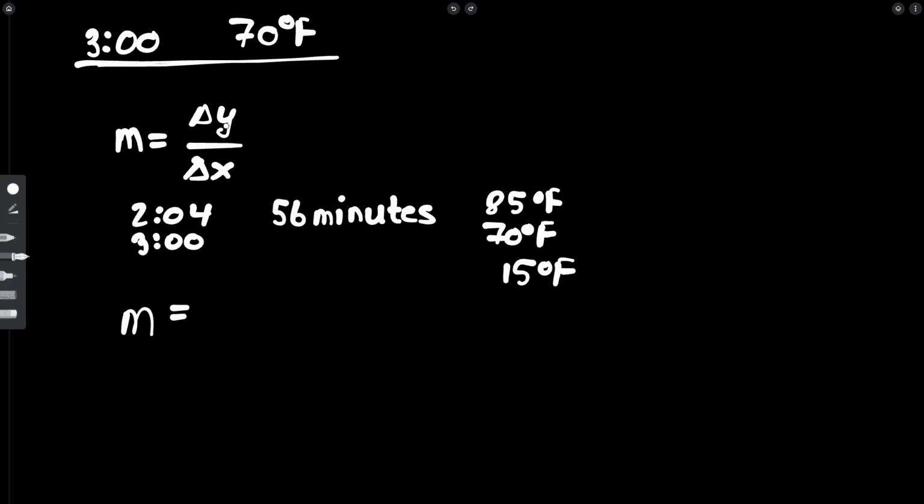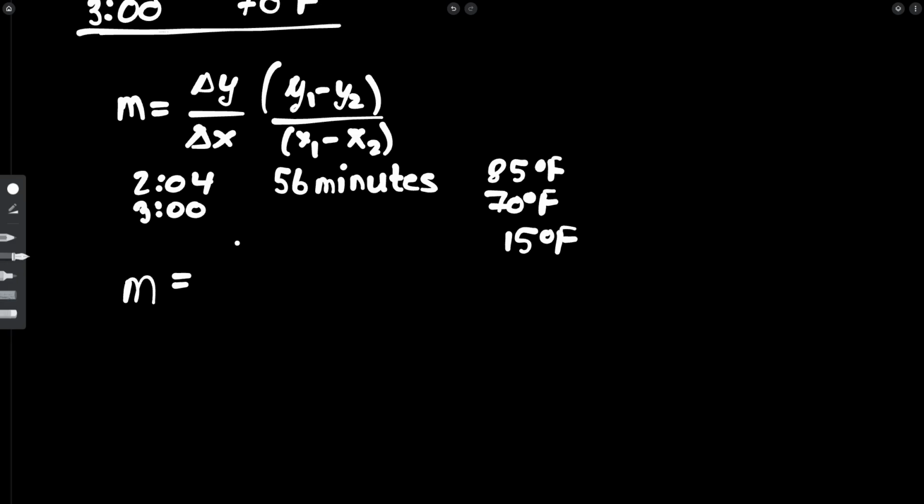The equation, this part delta y, is found by doing y1 minus y2, and that goes over x1 minus x2. In this case, we can consider 2:04 to be our start time, so we have x equals 0.